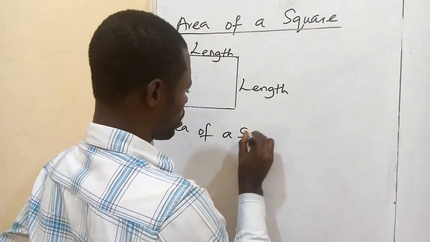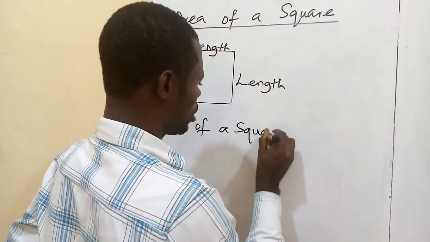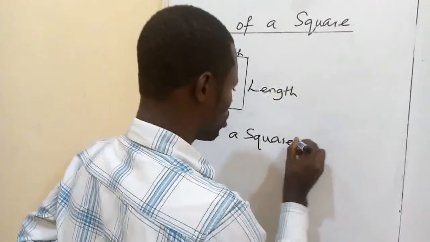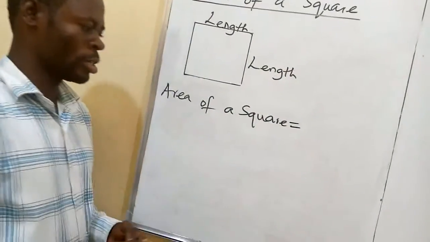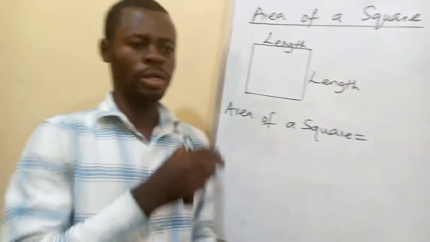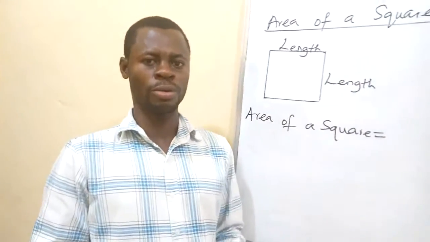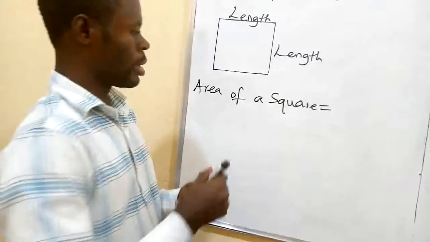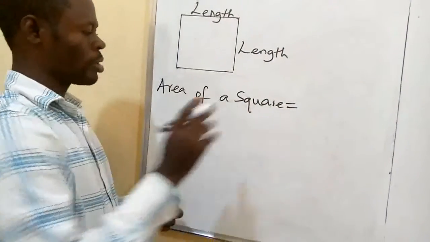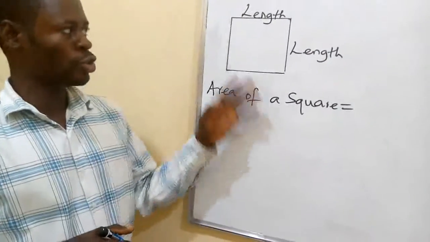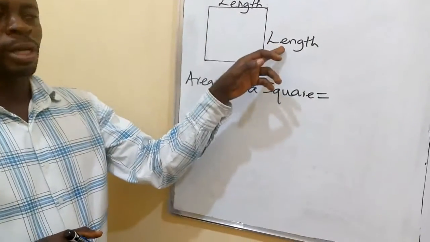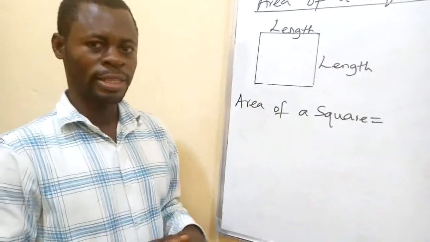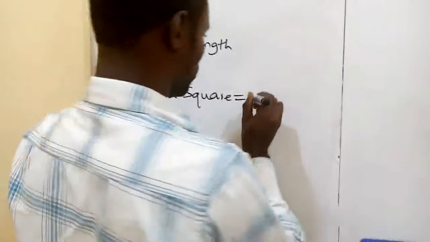a square. Please take note of this and learn to differentiate between the formula for calculating the area of a rectangle and the area of a square. Very important. Alright, so now the formula for calculating the area of a square is equals to what? Length times length.